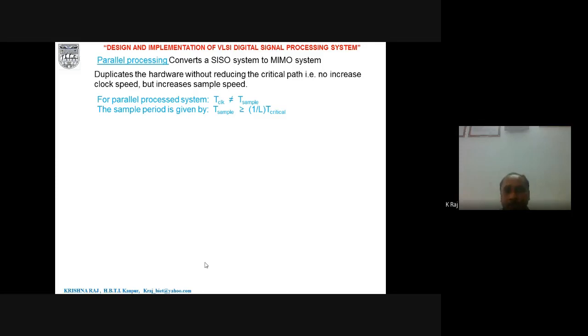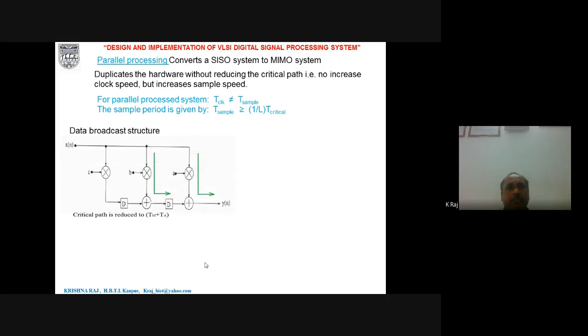For parallel processing, the clock time period will not be equal to the sampling time period, because here the sampling time period will become 1 by L times the critical time period, where L is the level of the parallel processing that is taking place here.